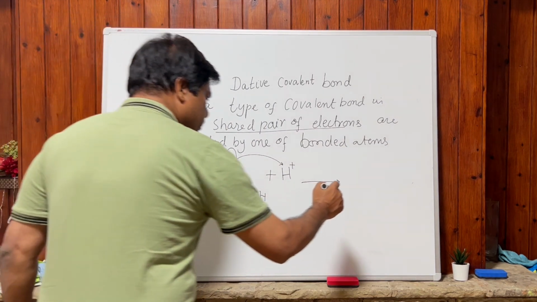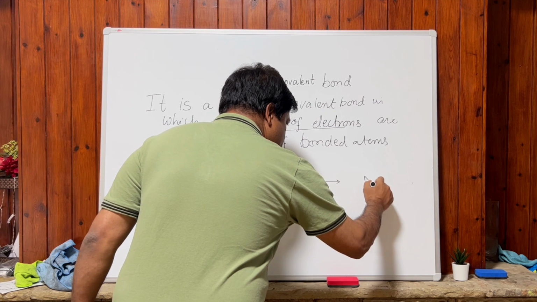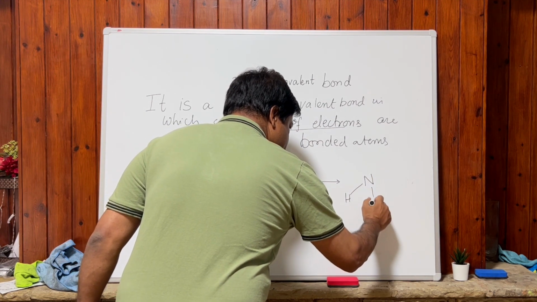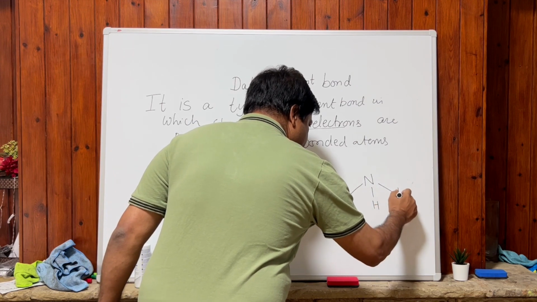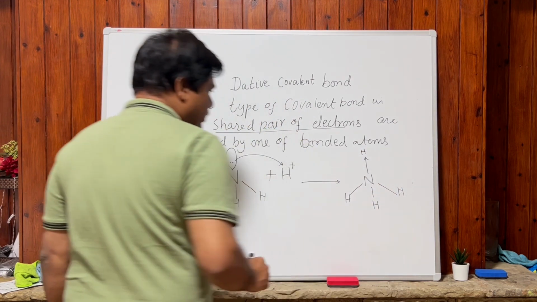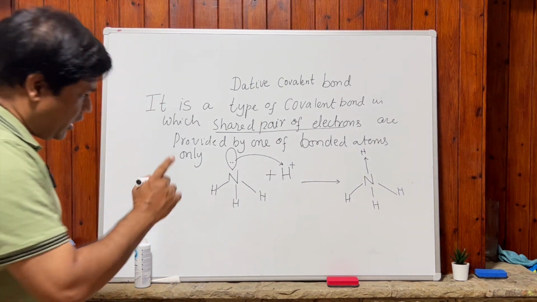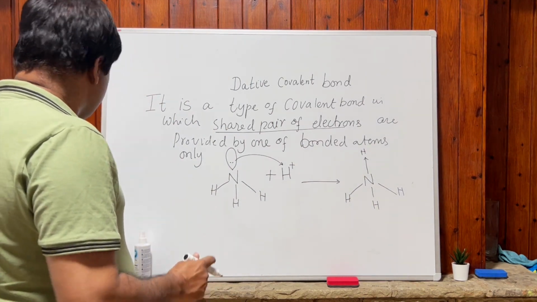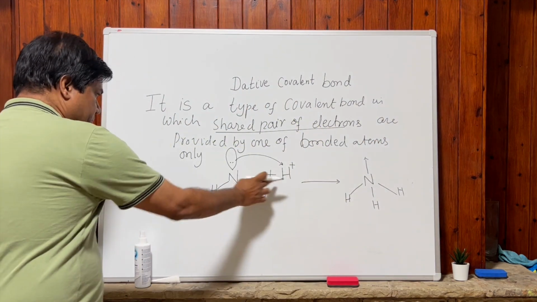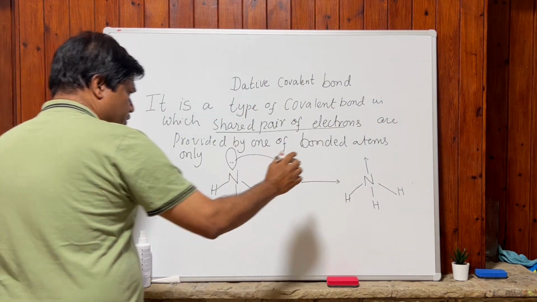Nitrogen already has 3 hydrogen atoms and one more bond, which is called a dative bond, to the hydrogen atom. This hydrogen atom has no electron.